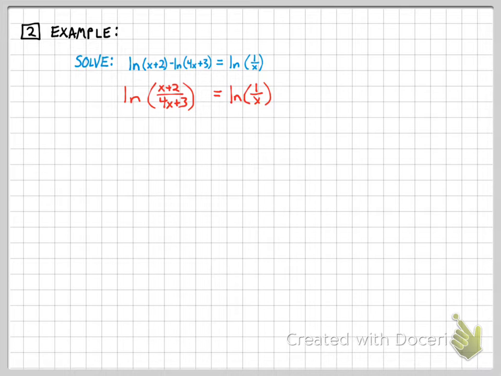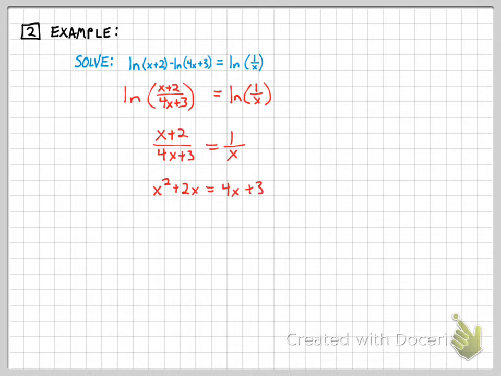So now that I have a single log on the left and a single log on the right, I can just look at the inside part. So I have this expression next. And now I have kind of an Algebra 2 type question where I have to solve. A lot of times cross multiplication is going to be a good way to go. So when I do that, I get x squared plus 2x, and that's going to equal 4x plus 3.